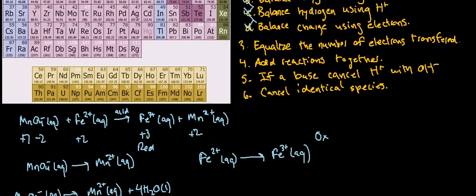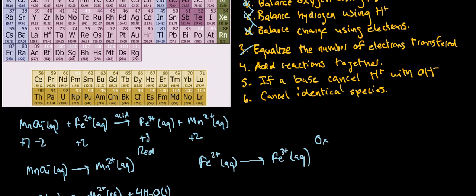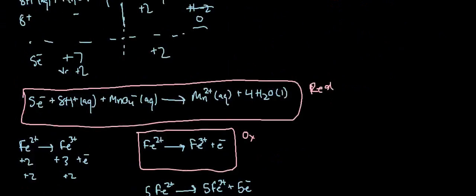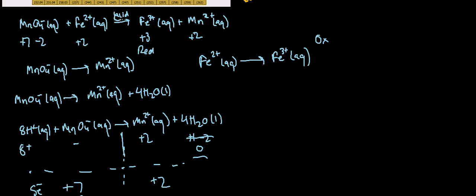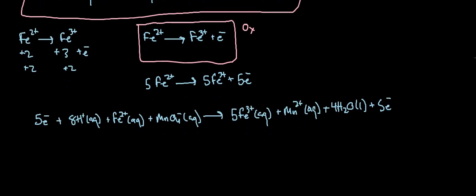So now that I've done steps 3 and 4, if it's a base, cancel out H plus with the OH. This is taking place in an acid. But what I mean by canceling out H plus with OH is that I would add 8 OH minus to this left side to get rid of the H pluses, because they wouldn't exist in a basic solution.